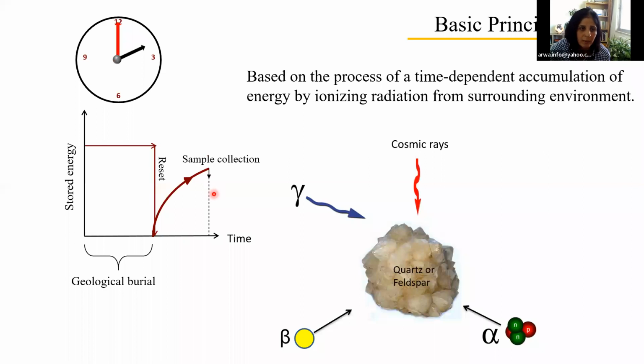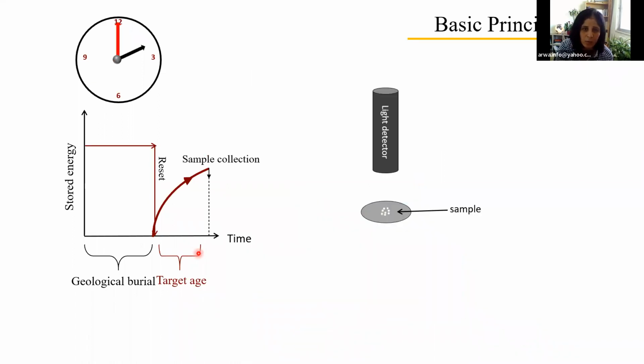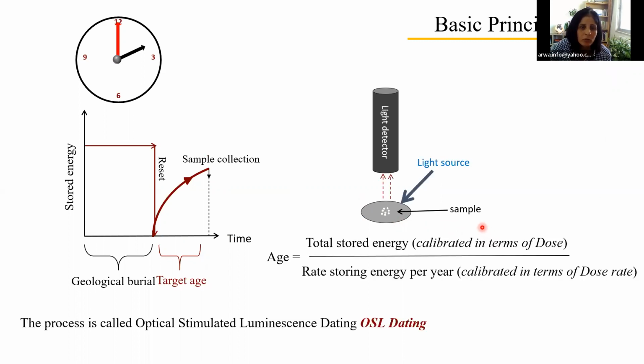So when we do the sampling, we actually date this target event, the last heating or the last exposure to light. We do that in the lab after extracting the quartz and feldspars from the material, like pottery shards or sedimentary deposits. Light is then shone on the extracted minerals, allowing the luminescence signal to be released again from the mineral.